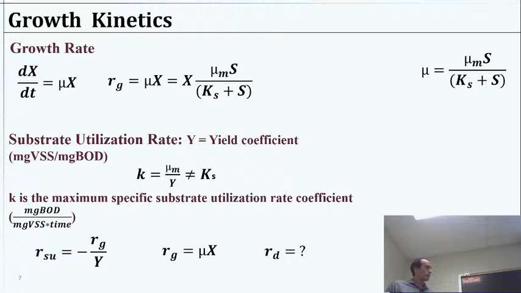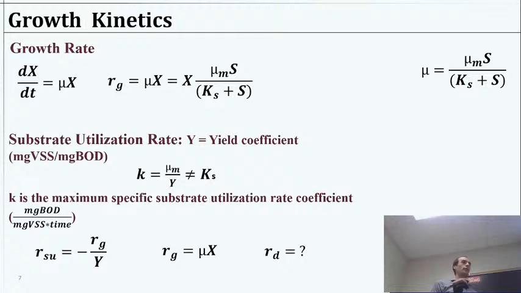We have an equation for the maximum specific substrate utilization rate that can help us with that. Sounds very similar to mu max, right? So k should be related to mu max. So we have a couple new variables here, and just a quick side note, I'm going to follow the book's nomenclature.